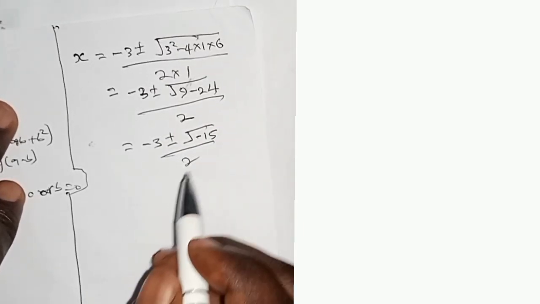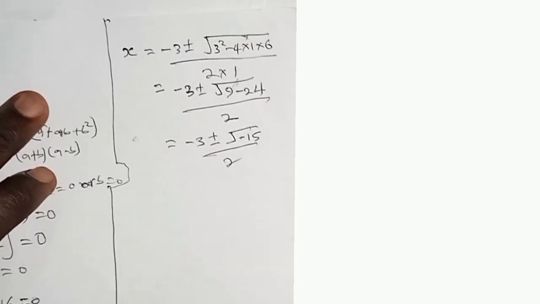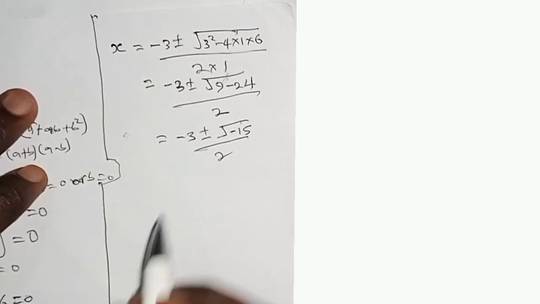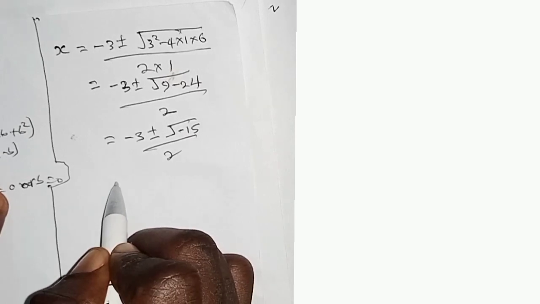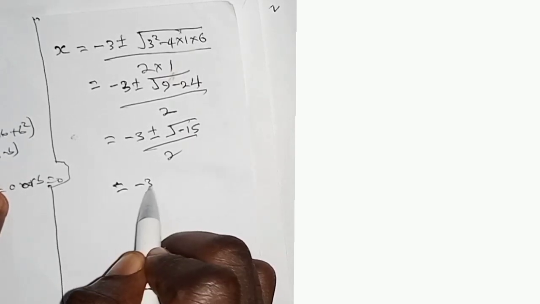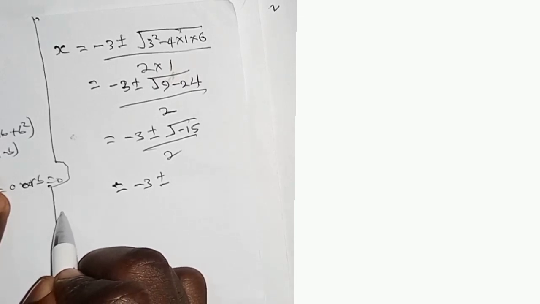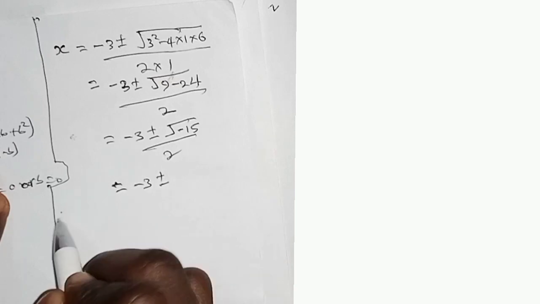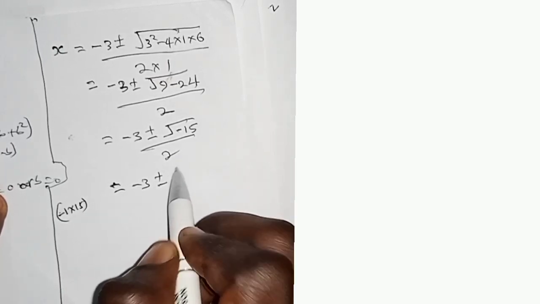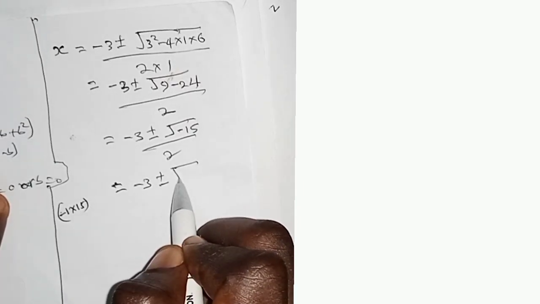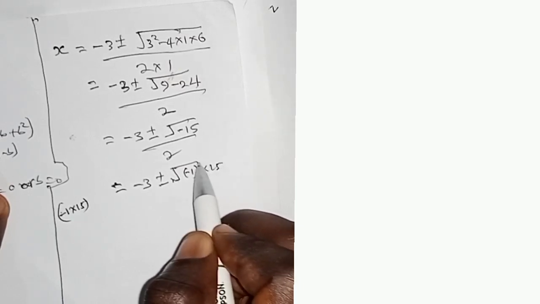Now I'm going to simplify the minus 15 inside the square root. Of course, we can write minus 15 as minus 1 times 15, so I'll write this inside the bracket as root of minus 1 times 15.